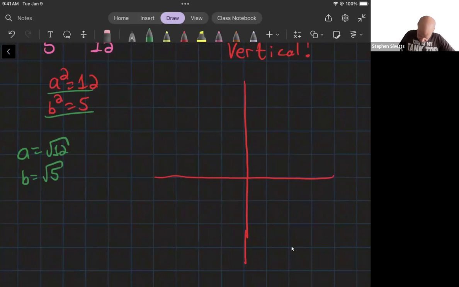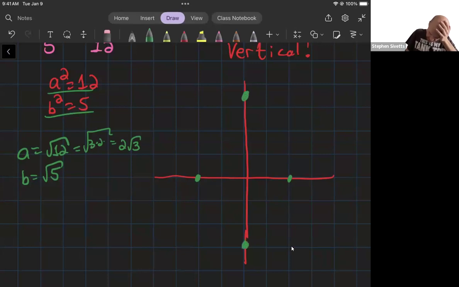And then the square root of 12 is the square root of 3 times 2 times 2, so 2 root 3. So these will be our vertices.